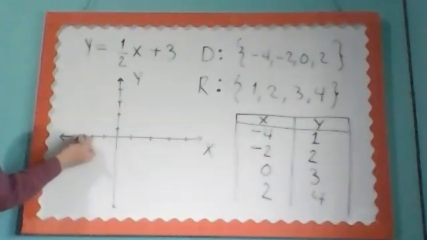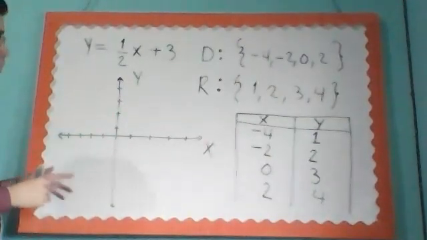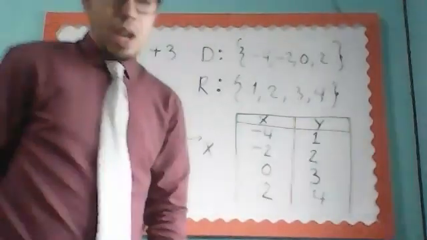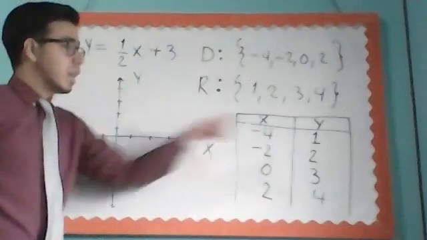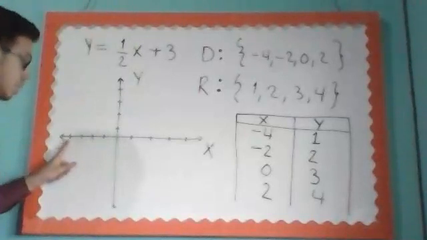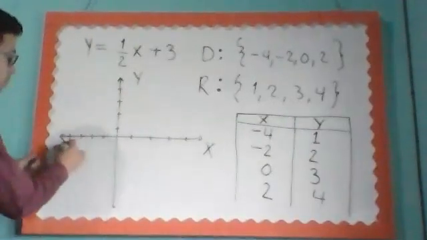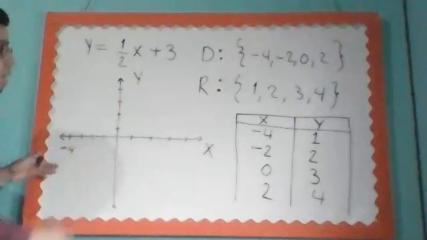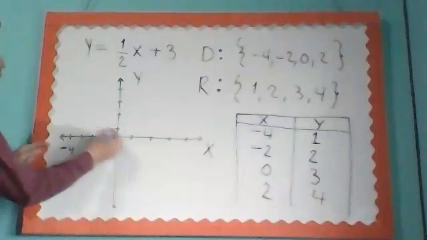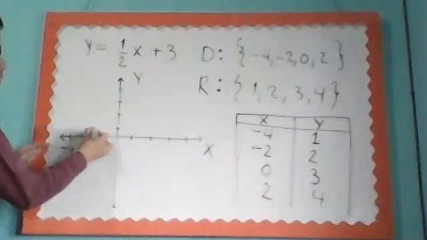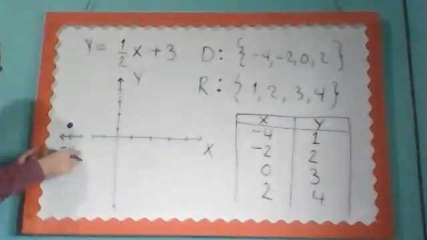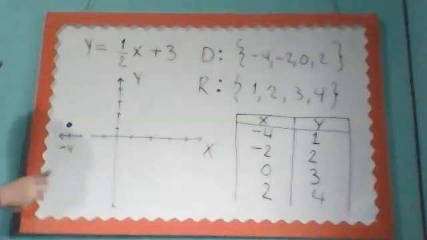So we are going to use the negative values for the x. Now I'm going to graph this. When x is -4, y is going to be 1. So my point is going to be located in here because x is -4 and y is 1.